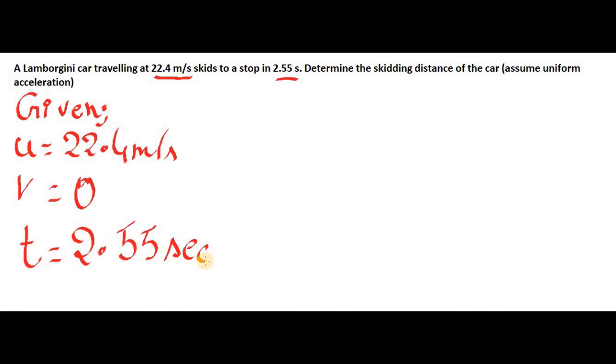So in this chapter motion, basically we will mostly be asked questions which are related to the equations of motion. So let's recall the equations of motion. Do you guys remember the equations of motion?